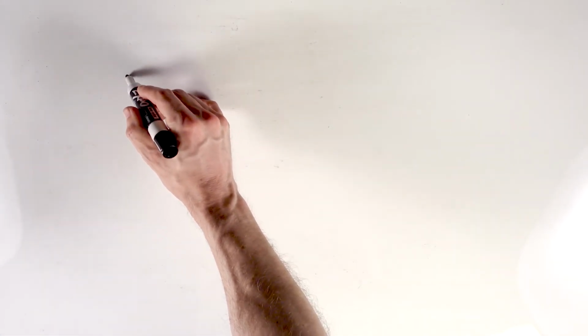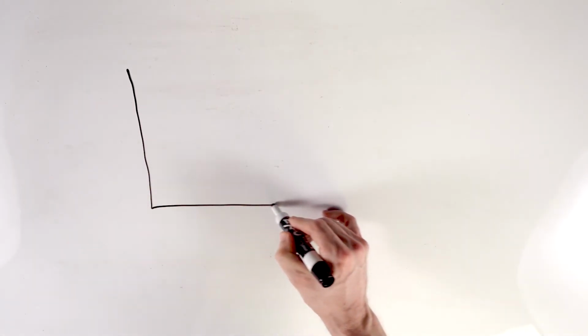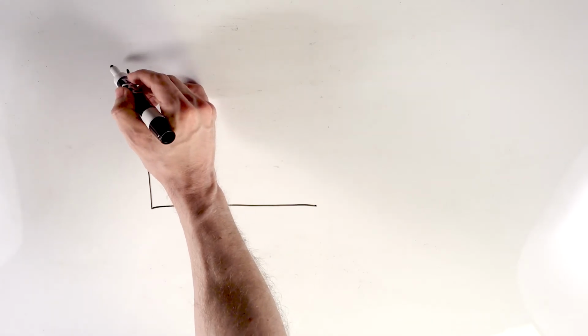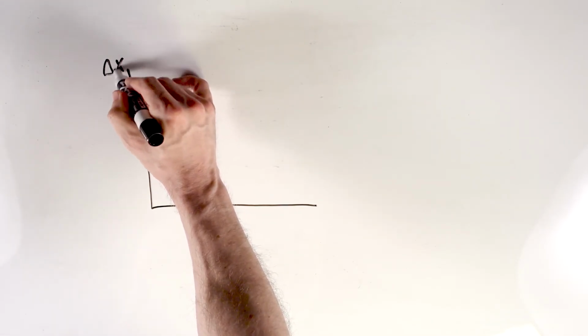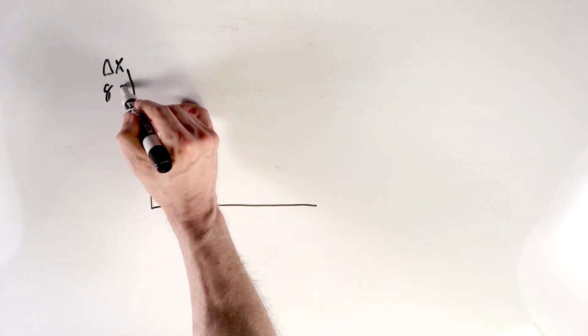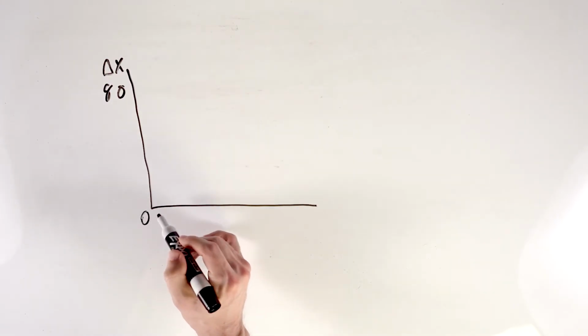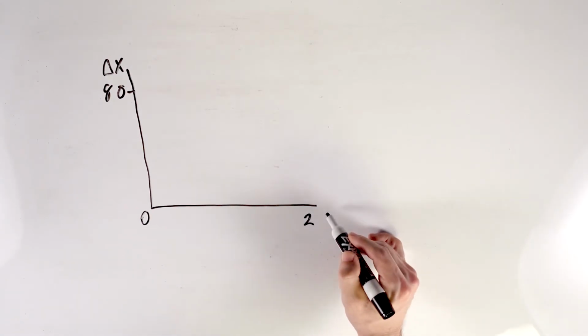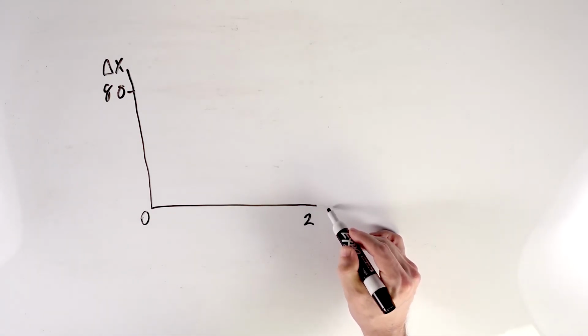So I'm going to do a real quick graphical representation. Hopefully this stuff is obvious and you already have it. But we will do your change of x-axis, and I'll do 80 up here, 0 down here. And then we can do up to 2 hours, so this will be time.